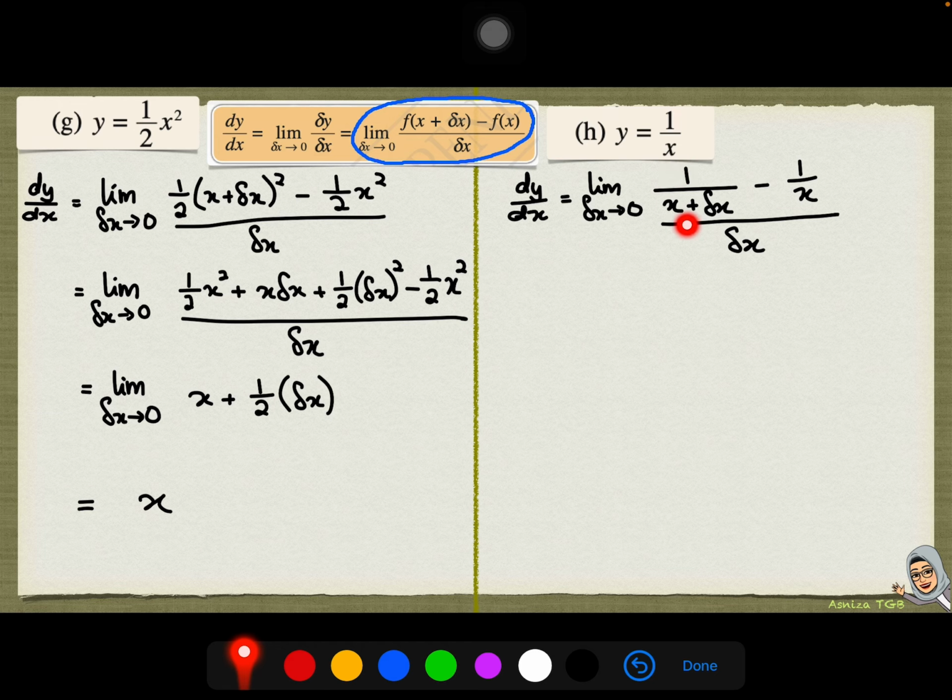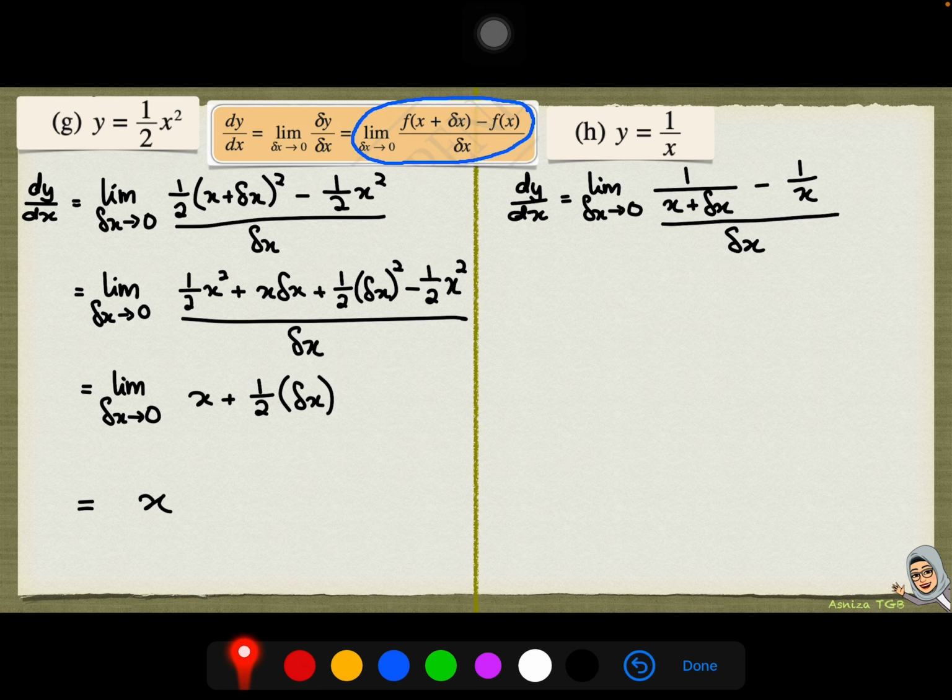We substitute x with x plus delta x, and then minus 1 over x itself, and all this is divided by delta x. Now let's simplify the numerator. In the numerator we have a subtraction of two fractions.